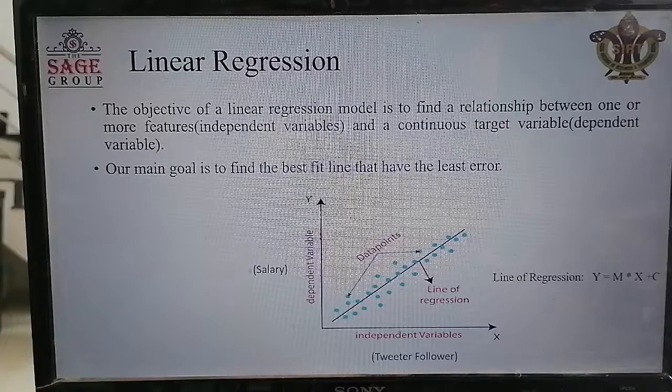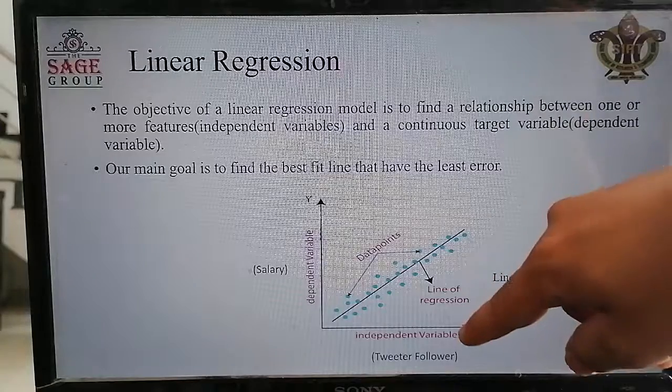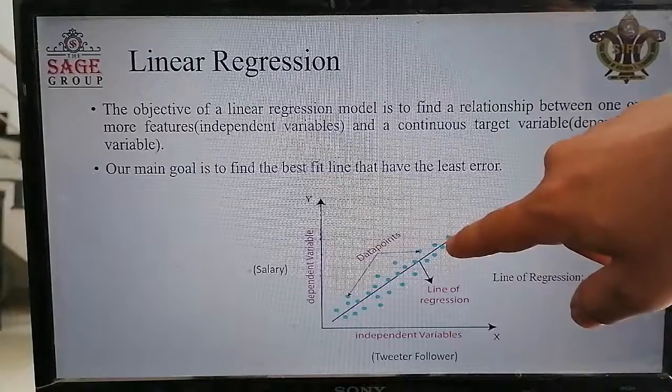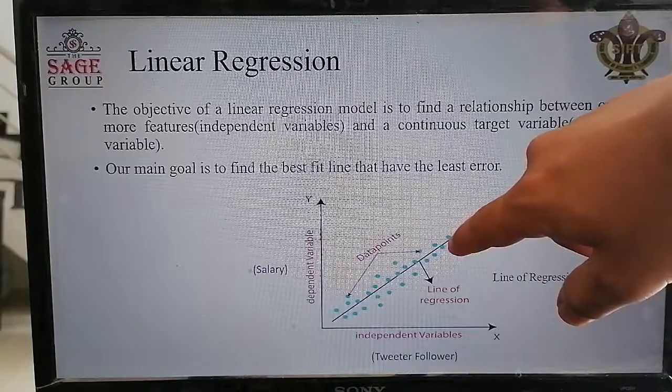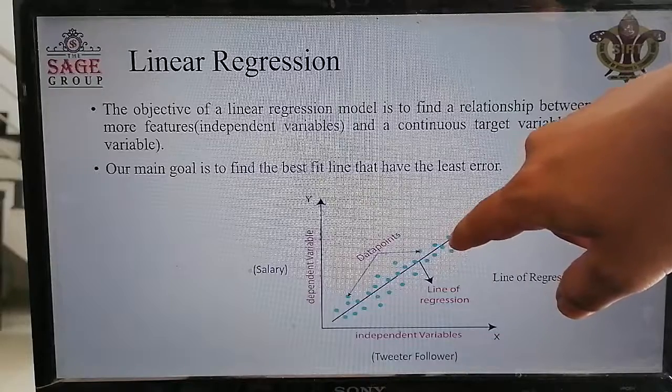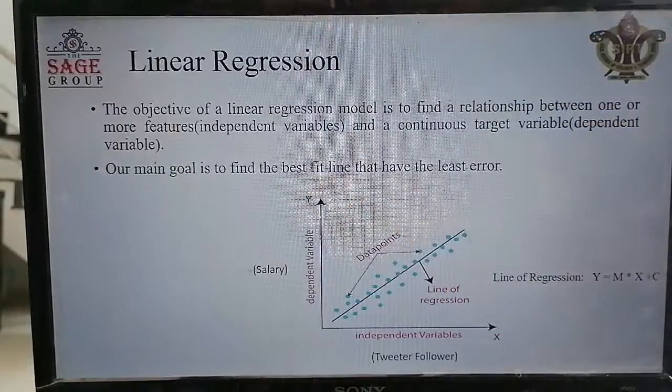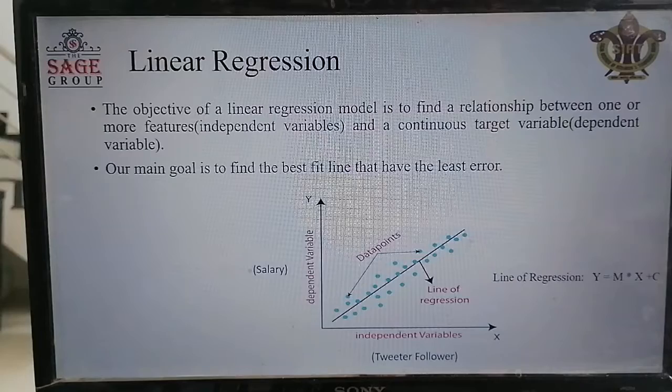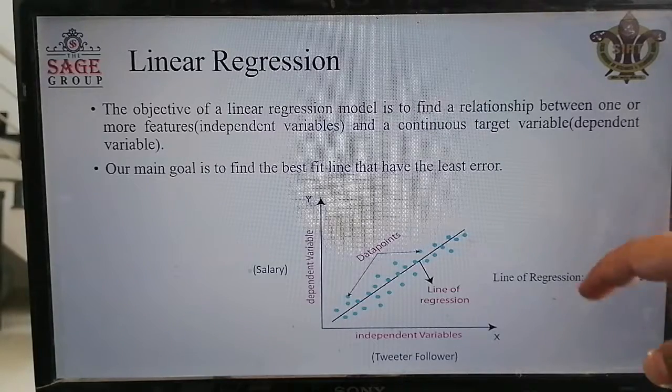After finding such a best approximate line, whenever we project the tutor follower on this line, then corresponding to this projected point, we can find the correct prediction of the salary.